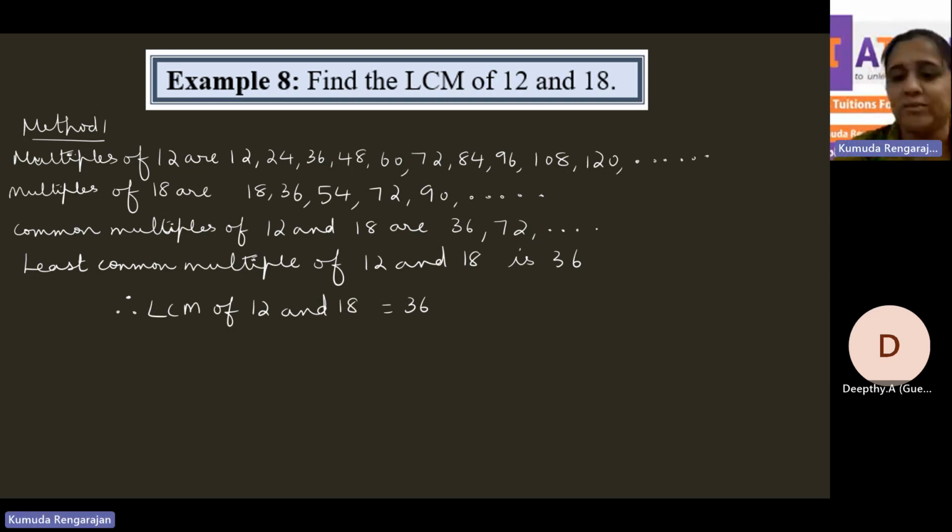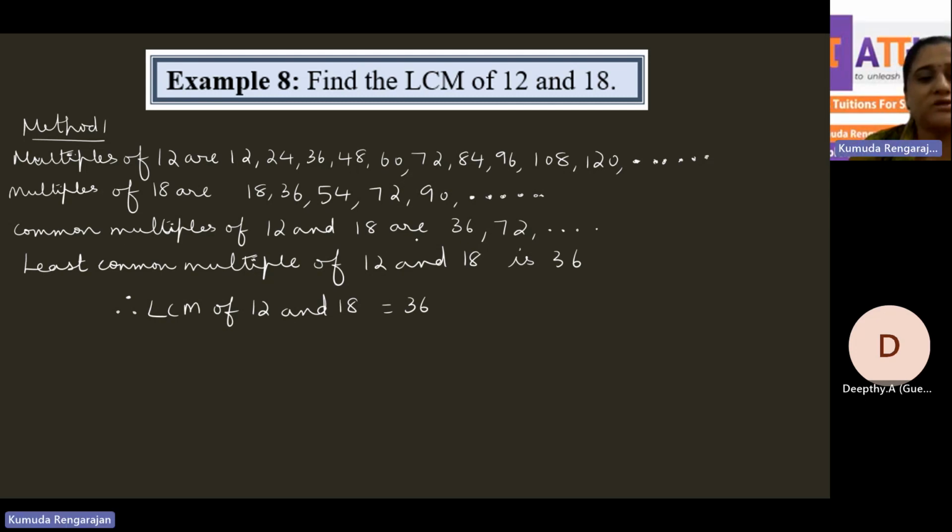And you must show the dots because the multiples go on and on. Multiples don't end at any point. So please use the dots to show that it goes on endlessly. So write some multiples of 12 and some multiples of 18. So here you can see that the multiples 36 and 72 are common to 12 and 18.